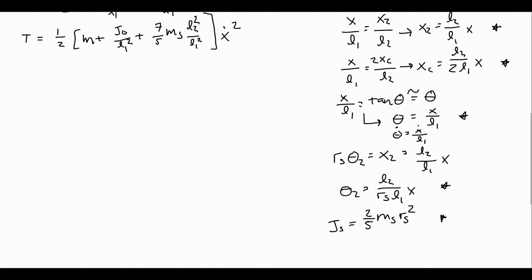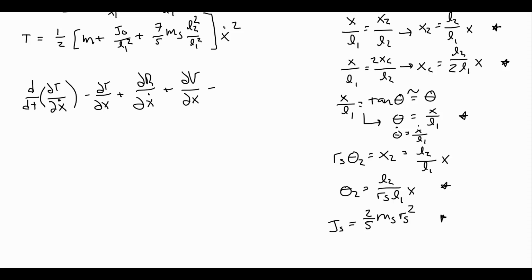So if we go down here, the general form, again, we're going to use is this d/dt of del T del x dot. X dot is the derivative of our chosen independent variable. Now it's technically, I'll write it out here, del T del x, plus del R del x dot, plus del V del x equals 0.